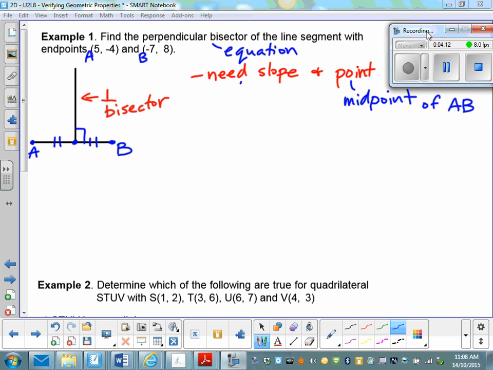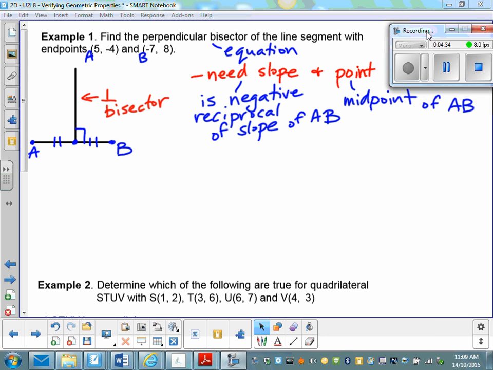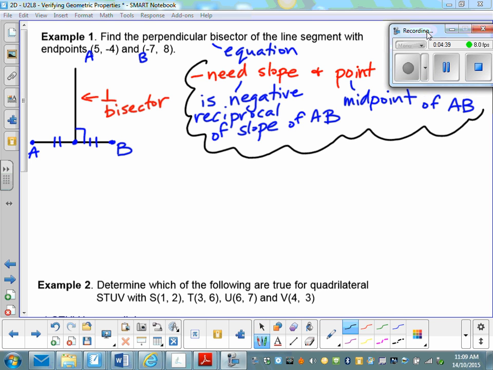And the slope of the perpendicular bisector is the negative reciprocal of the slope of AB. So this is kind of my plan here. And then I'm just going to go ahead and follow through on that plan.